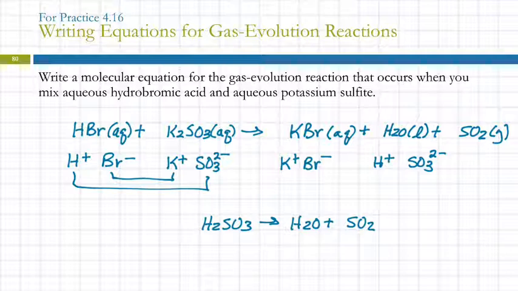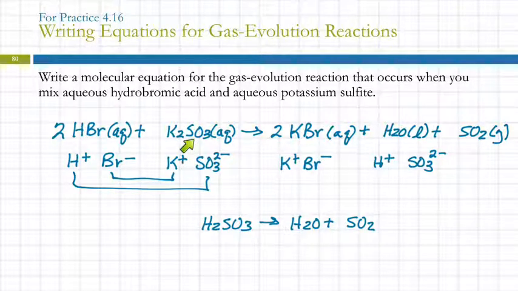Sometimes it's easiest to look for something that's not balanced. I'm looking here at the K2 and there's K. So I need 2 potassiums over here, and that gives me 2 bromines, so I'll go over here and fix bromine. And so I've got 2 hydrogens, and I go over here and I've got 2 hydrogens.